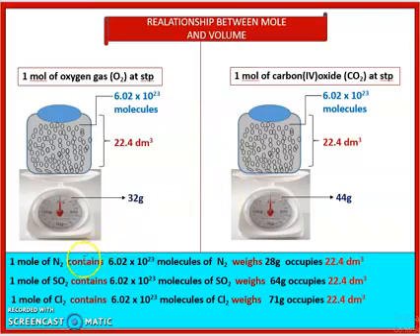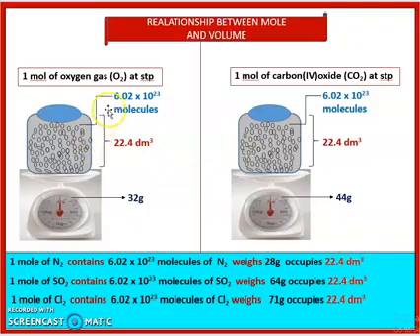So relating this to our former discussion, it means 1 mole of nitrogen gas contains 6.02 times 10 to the power 23 molecules and weighs 28 grams because the molar mass of nitrogen is 28, and occupies a volume of 22.4 dm3.